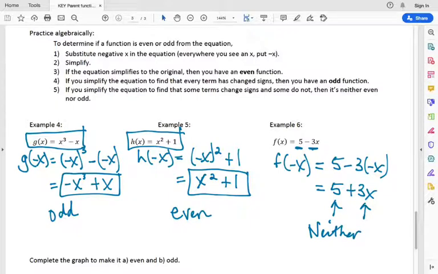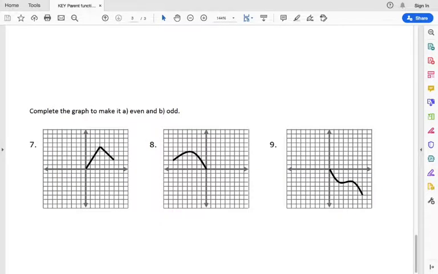All right, let's do a practice graph. We're going to complete these graphs by making it even and making it odd, and I'll do them in 2 different colors just so we can see it. To make it even, we first have to focus on the y-axis, and we want to make this graph reflect over that y-axis. So this point that's on the y-axis will stay there.